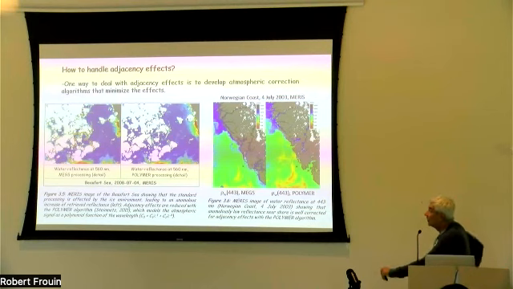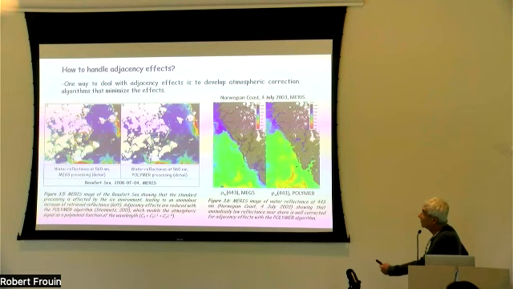So now, how to handle the adjacency effects? That's what we want to do. One way to deal with the adjacency effect is to develop some atmospheric correction algorithm that minimizes the effect.